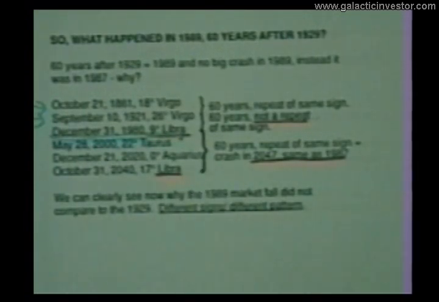So we did have a crash in 1989, but it was a very minor thing because we'd had the 1987 before it, and so when it fell, I think it fell 600 points or something in 1989, or maybe 300 points. I've got it written down in here somewhere, but that was no big deal. We weren't too concerned about it because 1987 had just shocked us so much. So this tells you why we did not have a big crash.